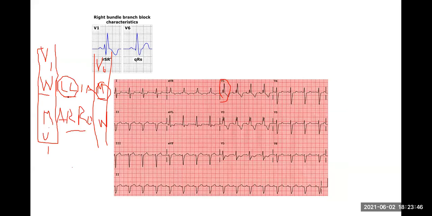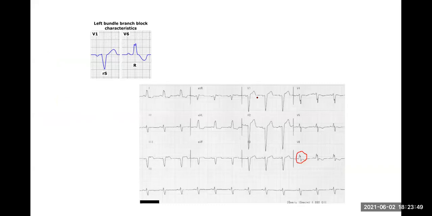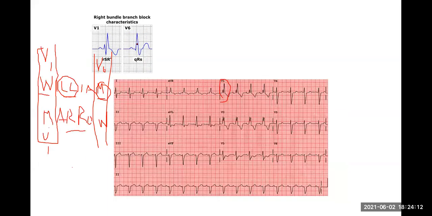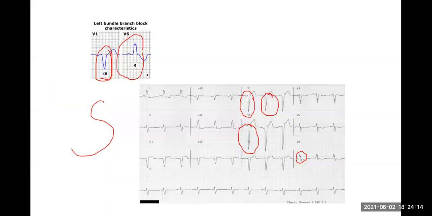The other thing to remember is that in a left bundle branch block you'll also have a very deep S wave, like this. So V6 will be M-shaped. That's how you differentiate left bundle branch block from right bundle branch block. Okay, fine.